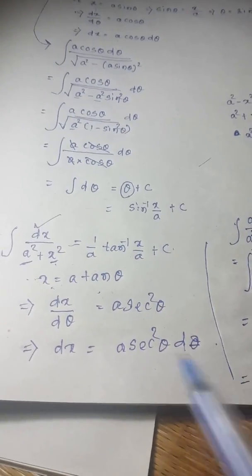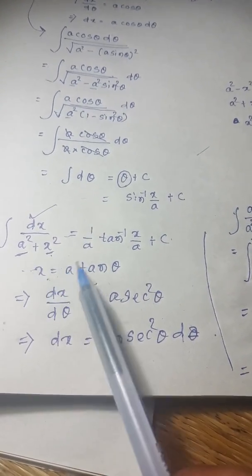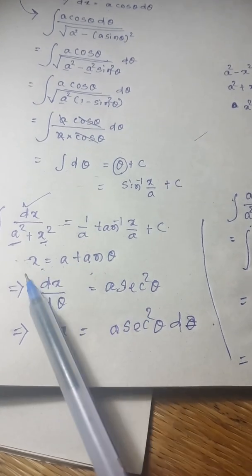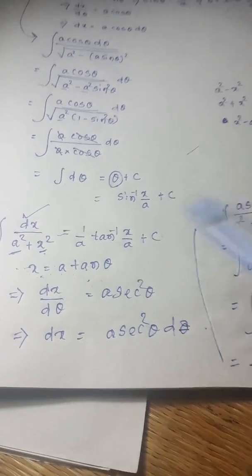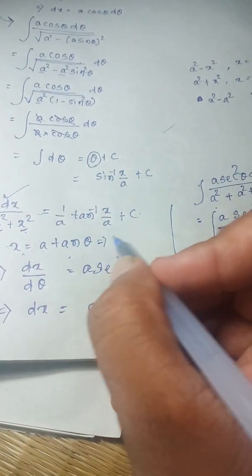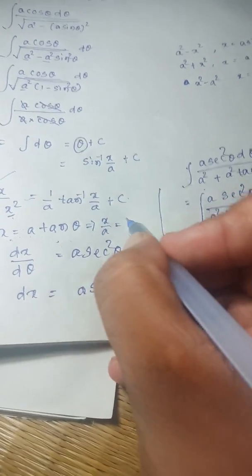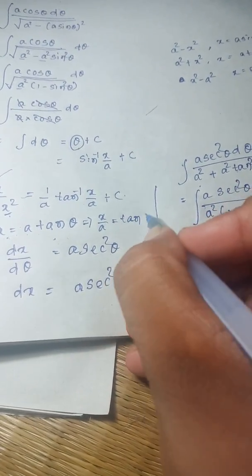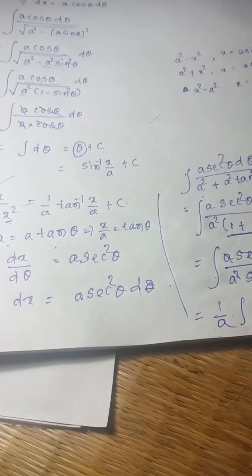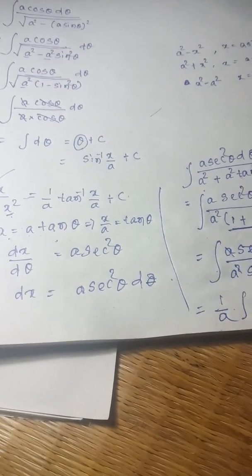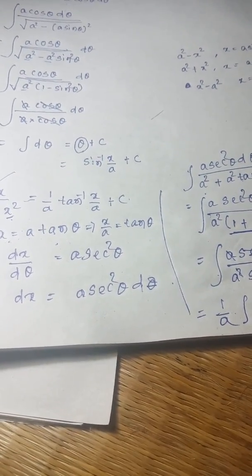Have a look here. We have x is equal to a tan theta. If x is equal to a tan theta, I can take x by a is equal to tan theta, right? If x by a equals tan theta, then theta is how much? Tan inverse x by a.